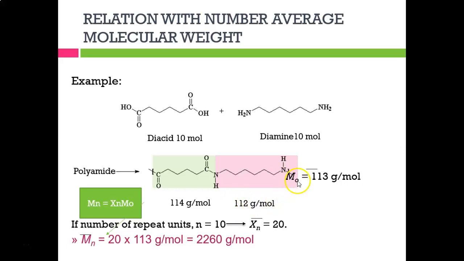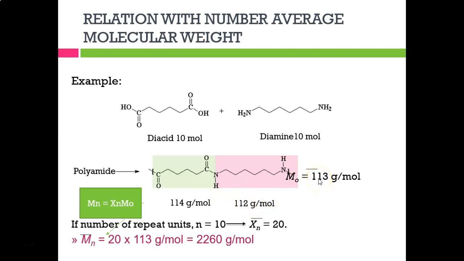So M naught is equal to 113. How can we get M naught equal to 113? Any idea? Refer to the previous slide. M naught is equal to the average molecular weight of the monomer. So you just add 114 with 112, and divide by 2, you can get M naught, which is 113.